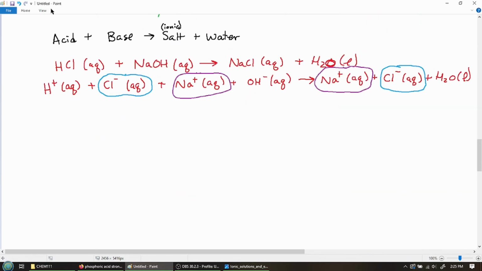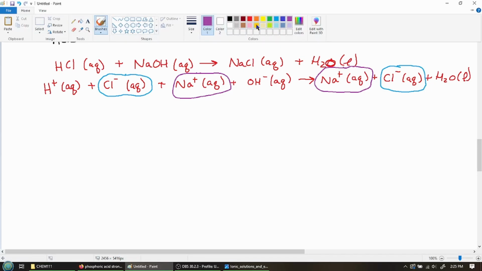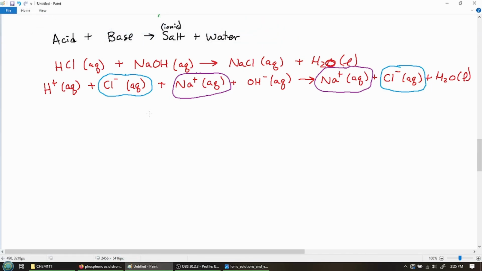So let me rewrite this equation with everything that is not present removed. Cl minus aqueous doesn't change, so we'll just leave it out for now, okay?